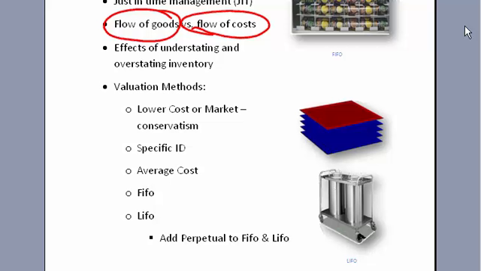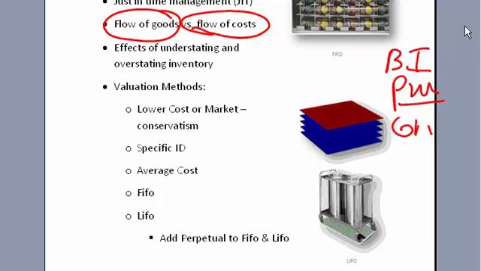So at that point, what we do is we look at a flow of costs. We have our beginning inventory, because it's last period's ending inventory. Then we have all of our purchases. If we have 10 purchases during that period, then we're going to keep track of purchase 1, purchase 2, purchase 3, and the costs associated with that.